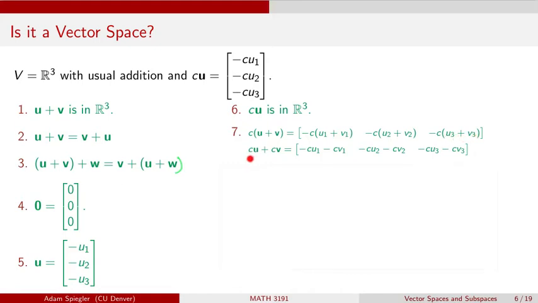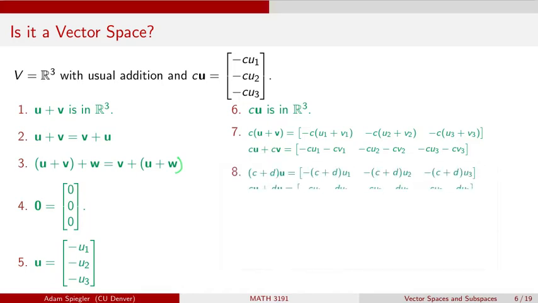That is equal to what I would get if I took C times U and then added C times V, because we distribute that negative sign in for both of those operations. So far it seems like all of these properties are working.